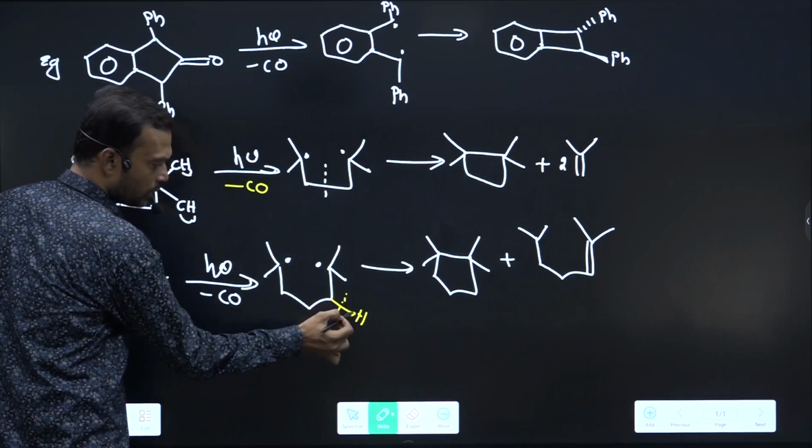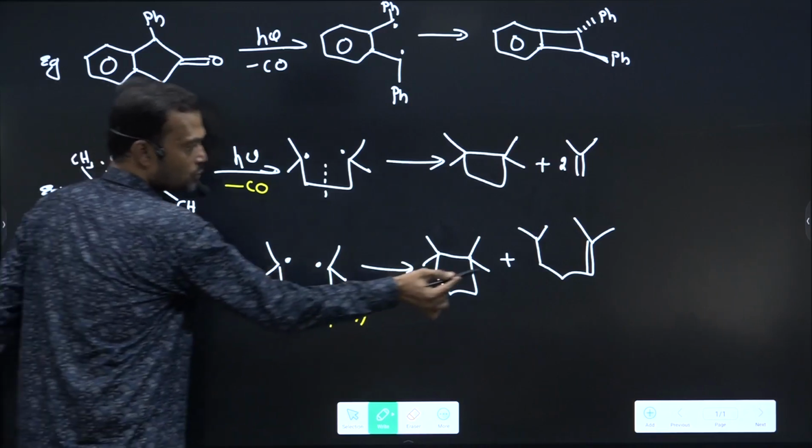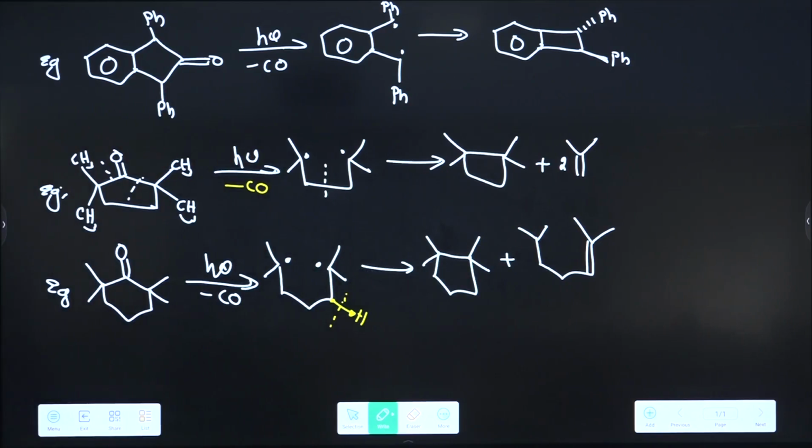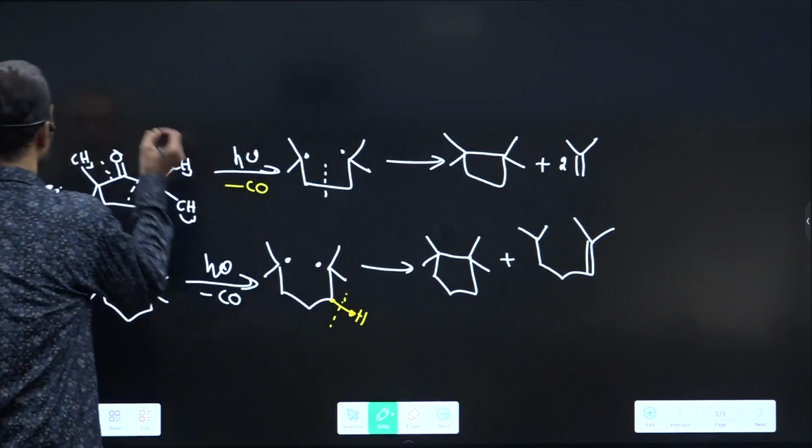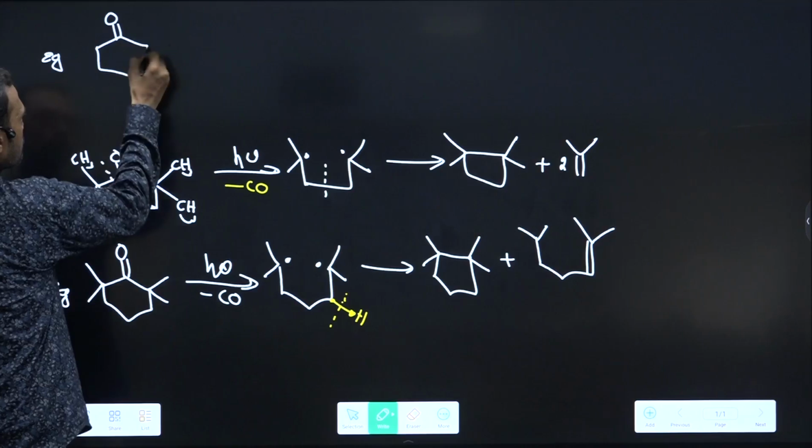If this hydrogen migrates from here to here, this radical gives a double bond, and this hydrogen here, you will get saturation. So this is similar, just work this out, same answer.